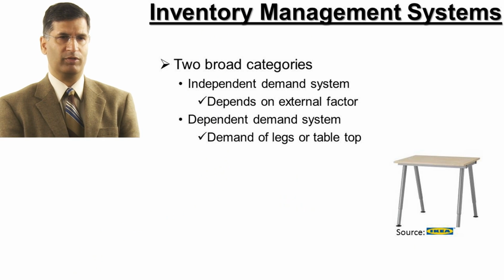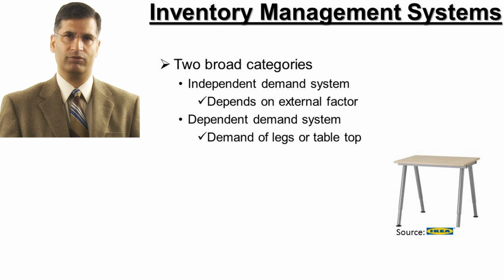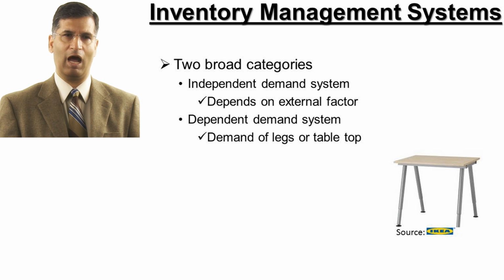Types of inventory management system. There are two broad categories: independent demand system and dependent demand system. Independent demand system depends on external factors, customer demand. For example, how many tables will be sold depends on what is the demand by the customer.